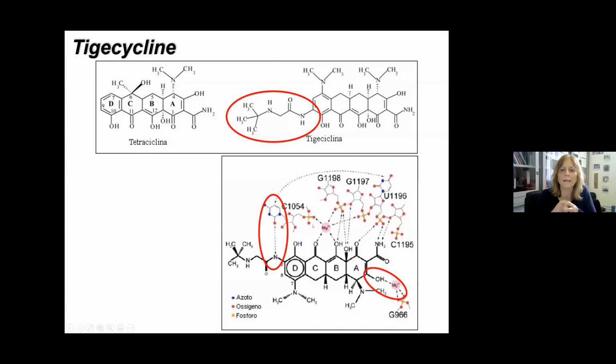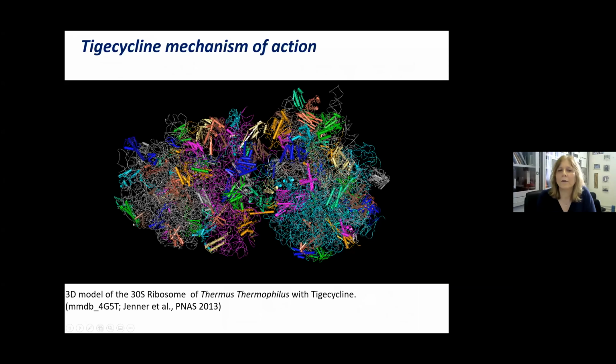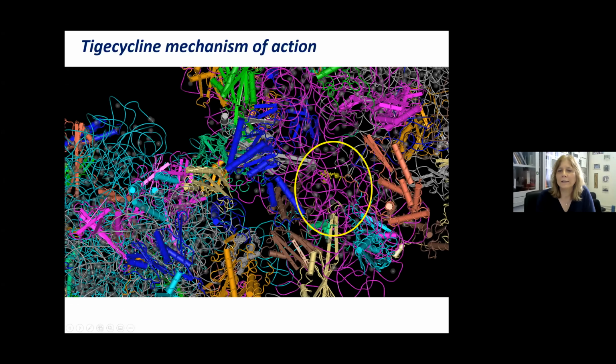And this tight binding inhibits protein synthesis and the cell dies, guys. This is the model of the ribosome, and this is the 16S, which is like the ham in the sandwich, in the middle of the two subunits. And this is the image of Tigecycline linked to the 16S.